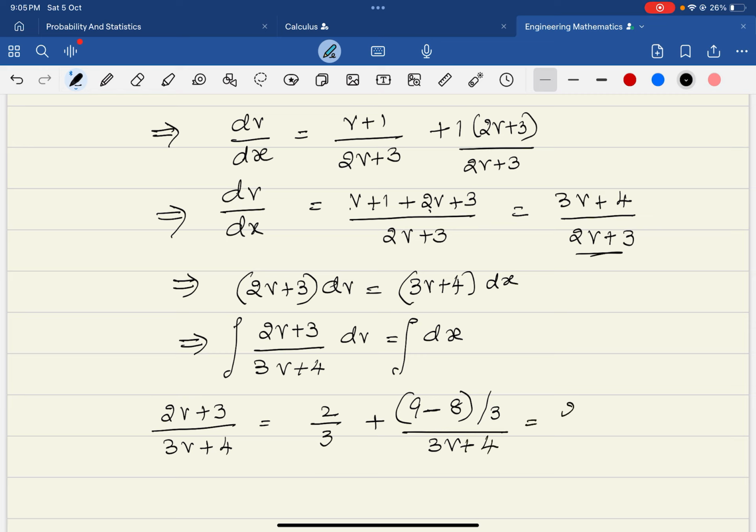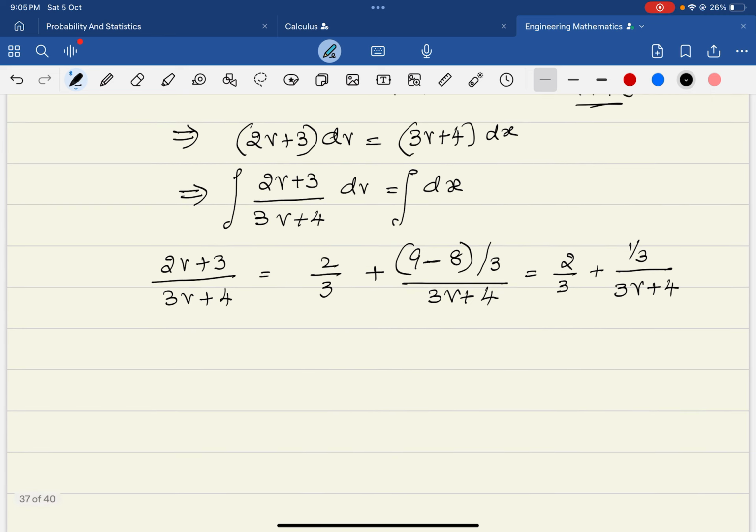So how will we rewrite this? 2 by 3 plus 9 minus 8 is 1 by 3 by 3v plus 4. Like this we can rewrite.